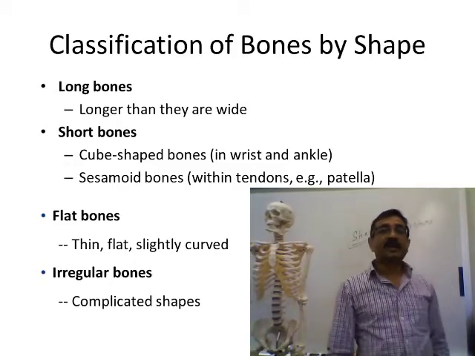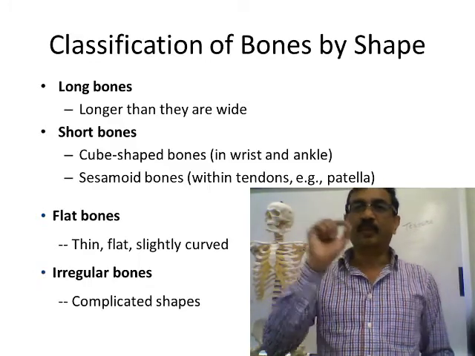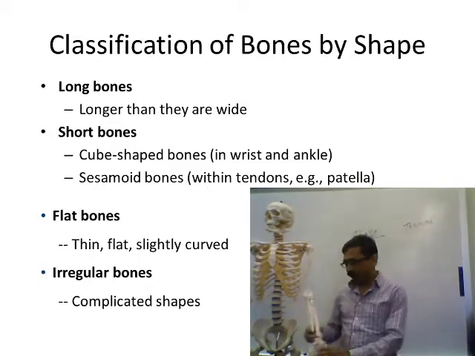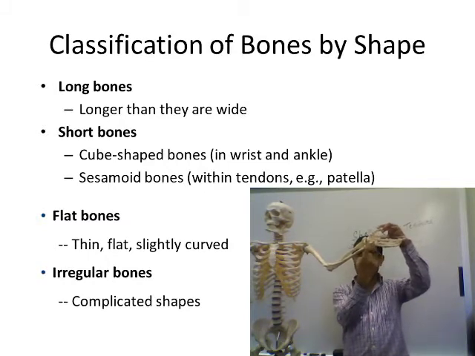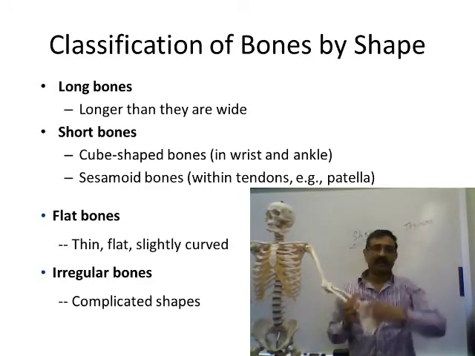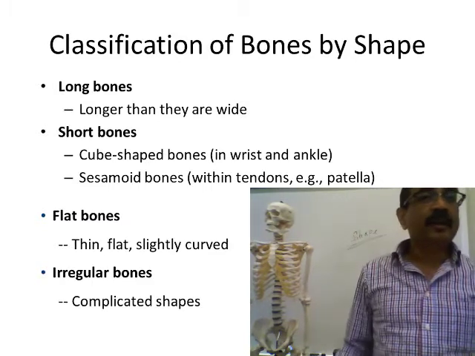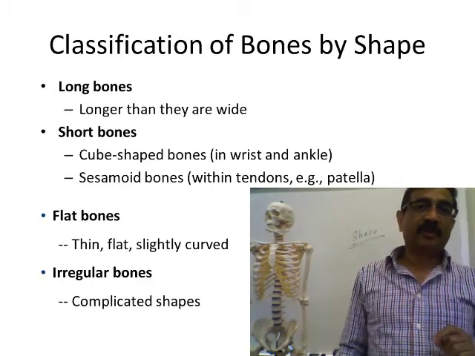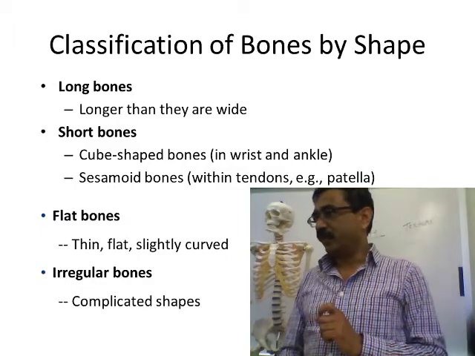Short bones are cubical shaped bones, like cubes. For example, carpal bones here. See, these are cubical shaped bones, short bones, right? Now, another type of short bones are called sesamoid bones.